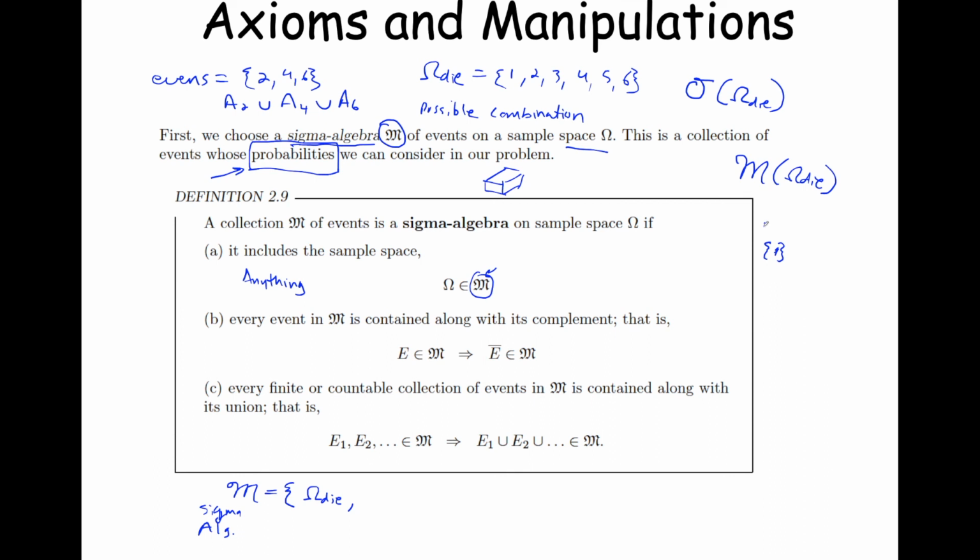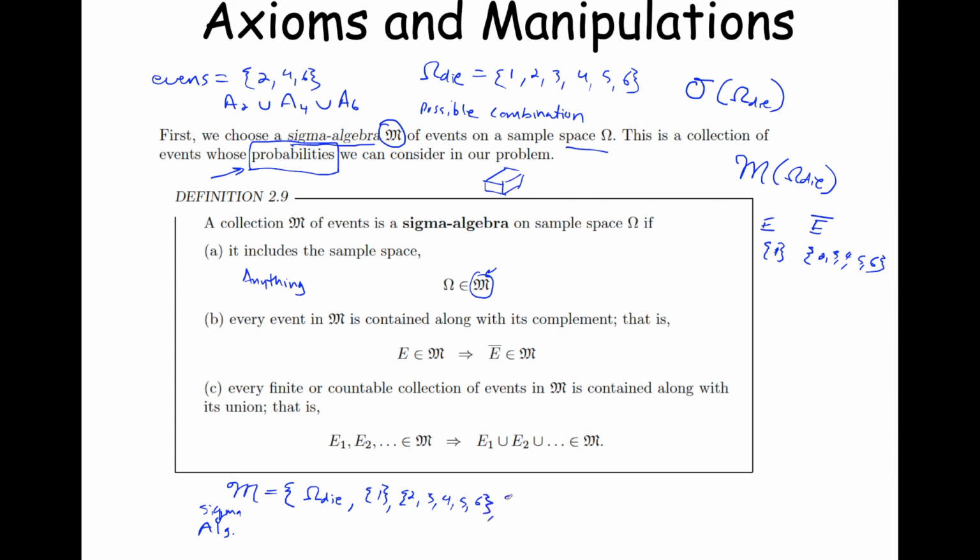So if we have the event E, I'll write it in this column, and we have the complement not E, our set operation. Given event 1 being in the sigma-algebra, one of our combinations, that means everything that's not 1, which is 2, 3, 4, 5, and 6, will also be in your sigma-algebra M. So in M, I'm going to have 1 as well as not 1, 2, 3, 4, 5, and 6.